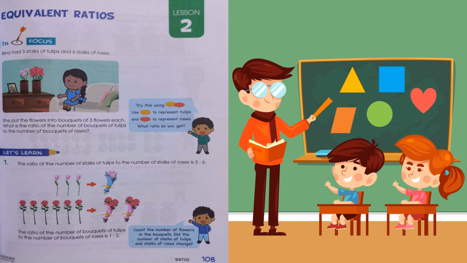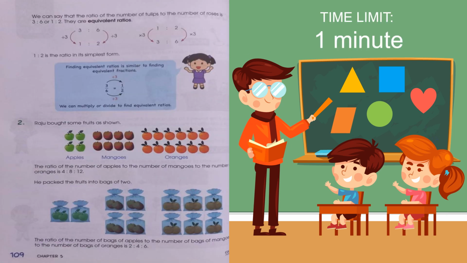Like for every 3 tulips there are 6 roses, and for every 1 bucket of tulips there are 2 buckets of roses. So we can say that the ratio of the number of tulips to the number of roses is 3:6 or 1:2. They are equivalent ratios.